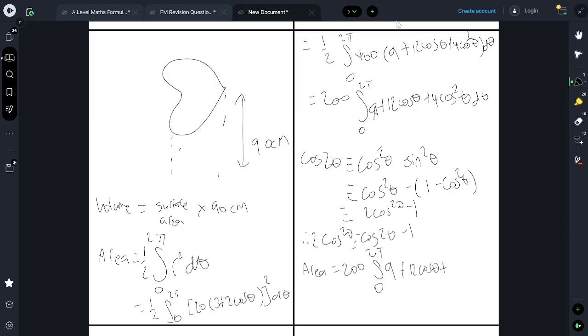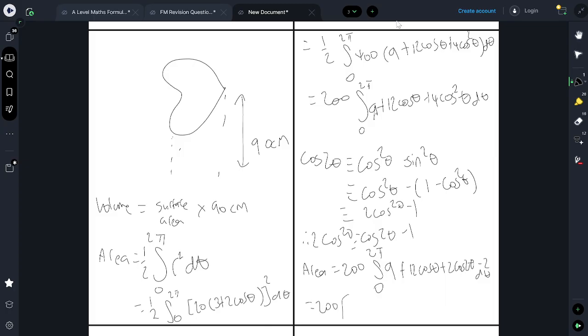Now 2 cos squared is cos 2 theta minus 1, so if we double it, we get 4 cos squared. So that's going to be plus 2 cos 2 theta minus 2, and that would be d theta. Okay, now we can integrate this.